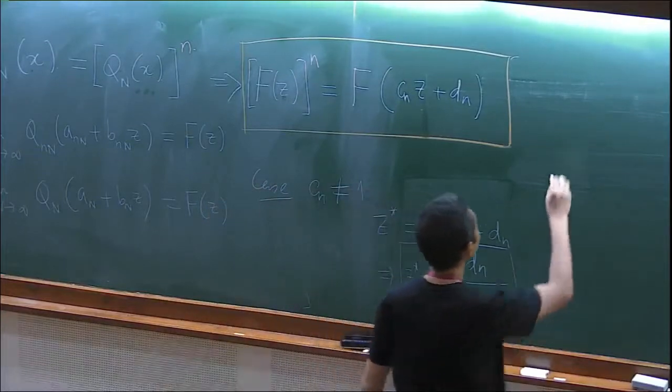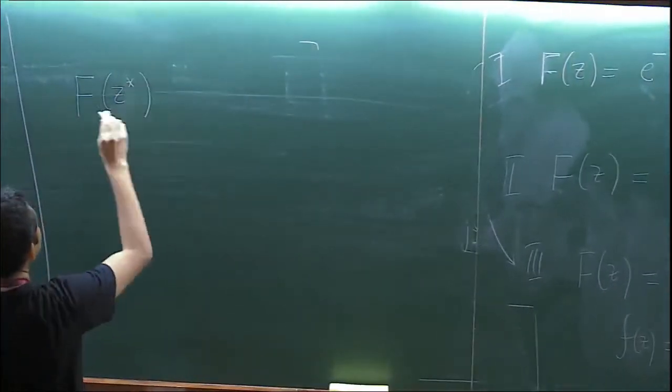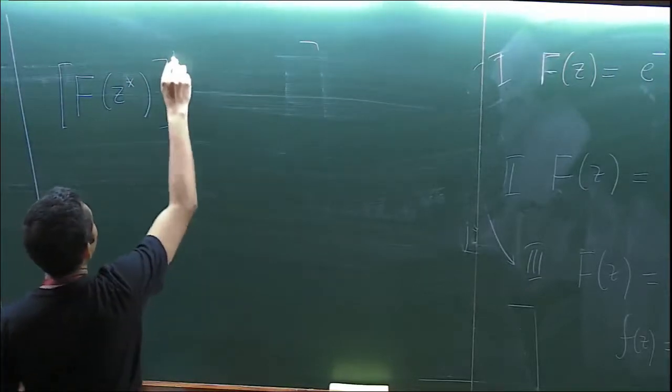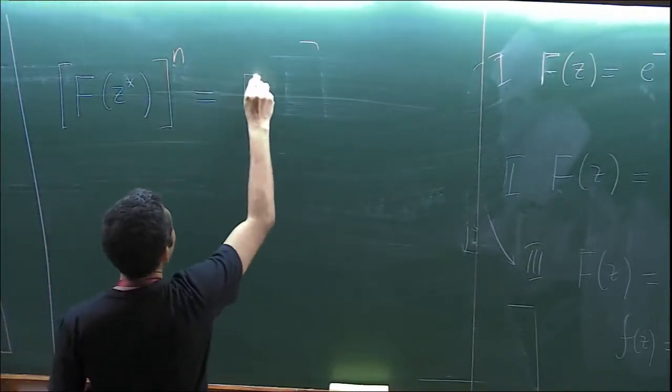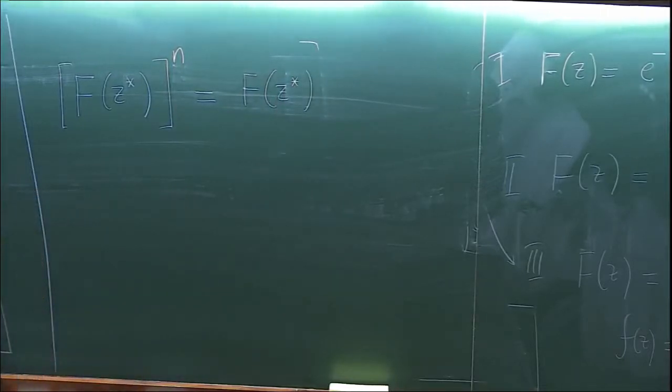So I have an equation which says that at z star, f of z star to the power n is equal to f of z star. These are all the cases where Cn is not equal to 1, because if Cn is equal to 1, those two lines are parallel, they are never going to meet, and the arguments are never going to be the same. But for Cn not equal to 1, they meet somewhere, at the point z star given by that.